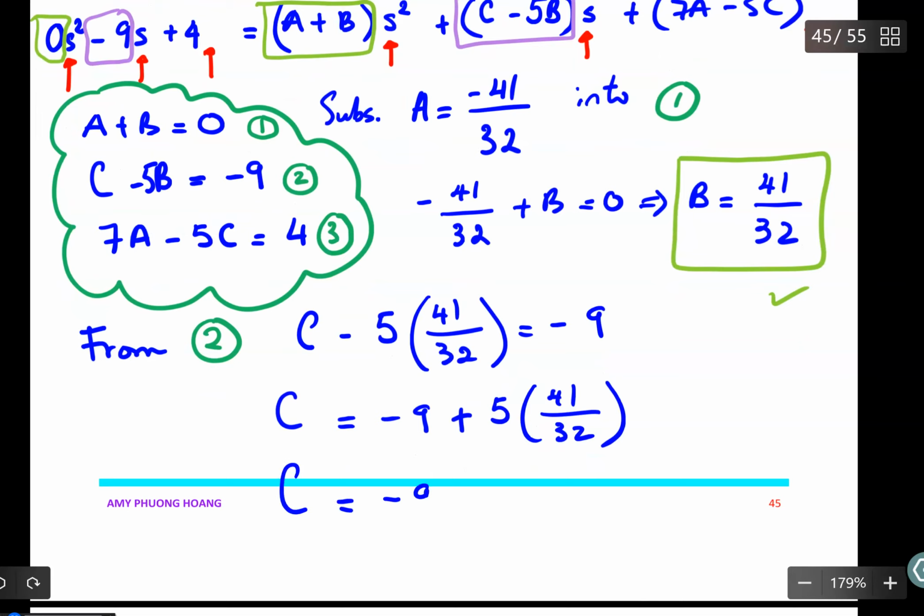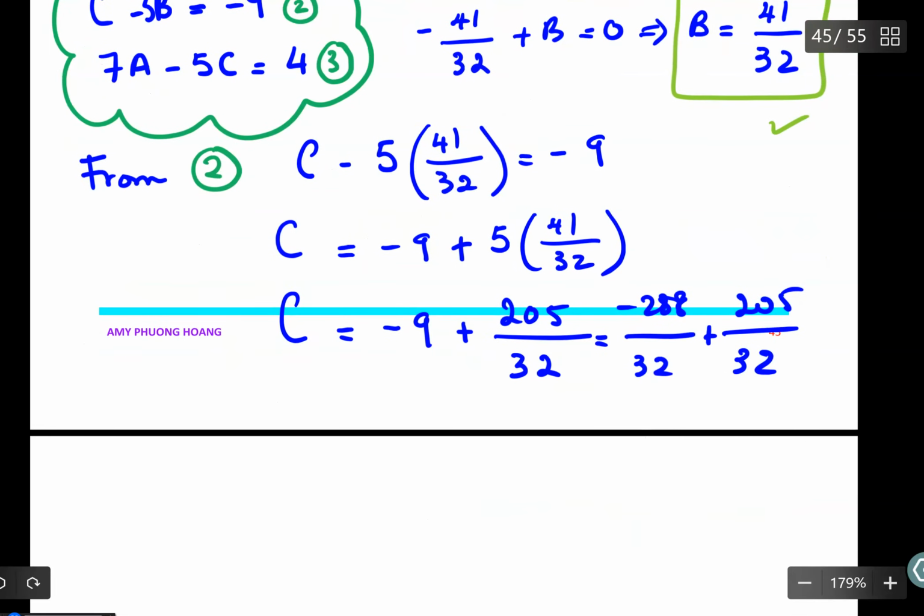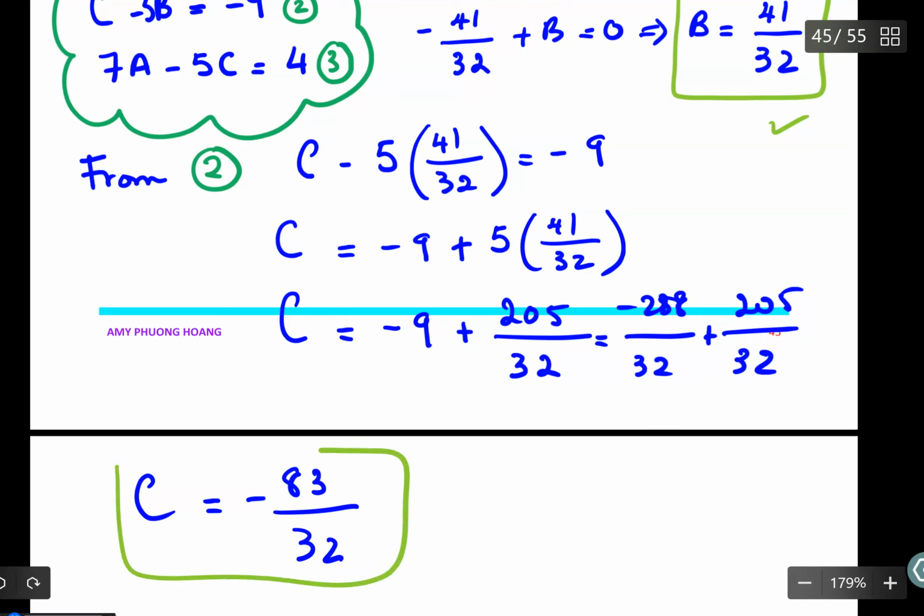C equals negative 9 plus 205 divided by 32. So in this case, I should have negative 288 divided by 32 plus 205 divided by 32. So c is equal to negative 83 over 32. Okay, so let's circle that.